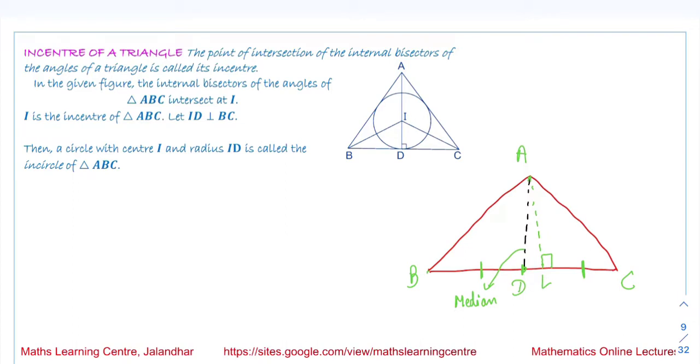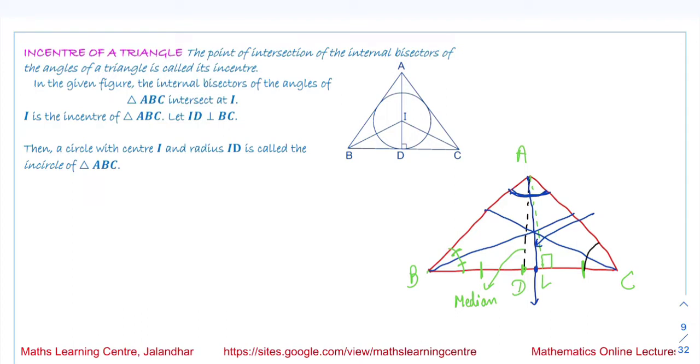Now next we have the incenter. For the incenter, corresponding to A, we draw the angle bisector. Suppose this angle A, we draw the bisector of this angle. This line is called the angle bisector of A. Similarly, we draw the angle bisector of B and the angle bisector of C. Angle bisector of B means this is the whole angle, and these two angles are equal.